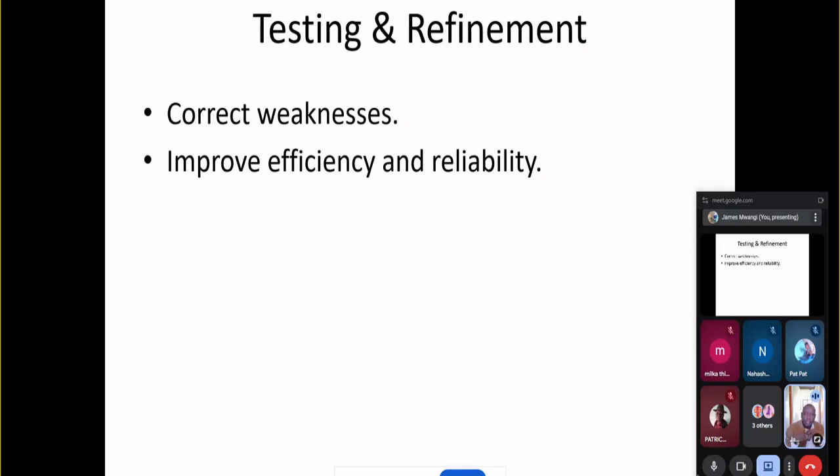So we changed the motors and propellers. Okay, so you are testing and refining. You are correcting the weaknesses. You are improving efficiency. For example, in a drone, you reduce the weight. It can fly for a longer period of time. It therefore can be reliable for scanning a whole farm. So this is where you do the testing and then you refine.